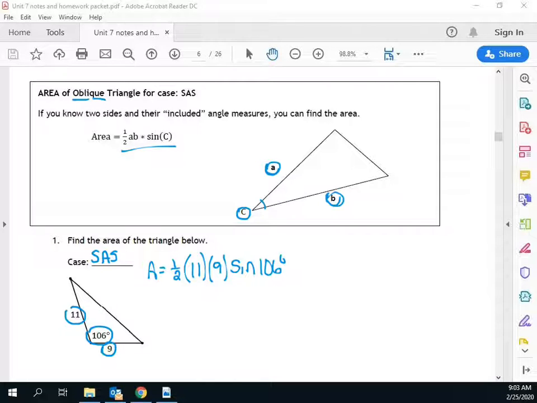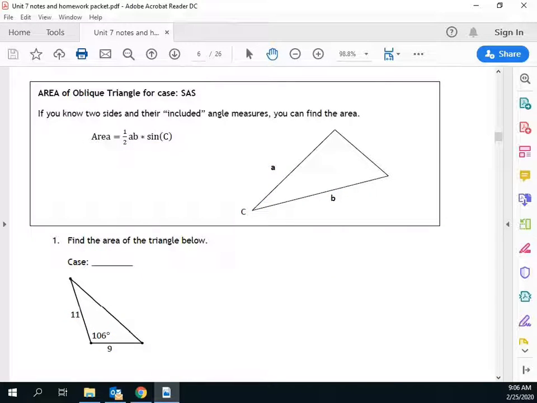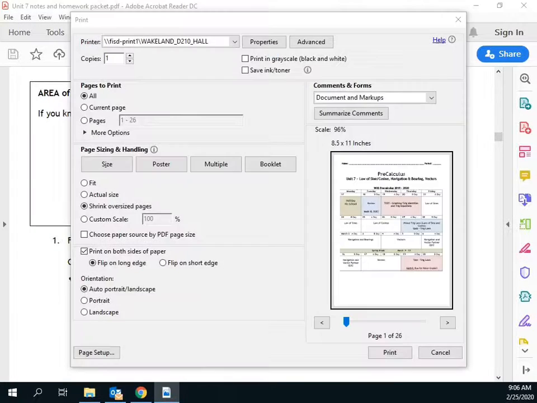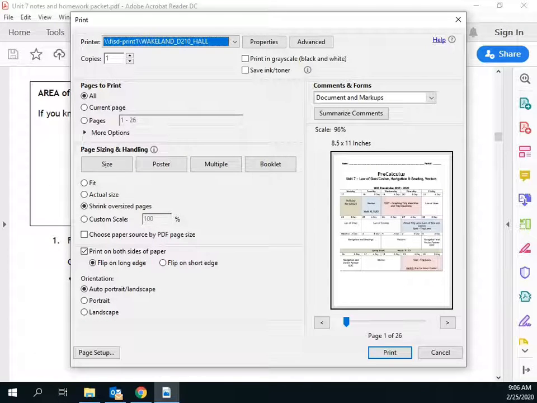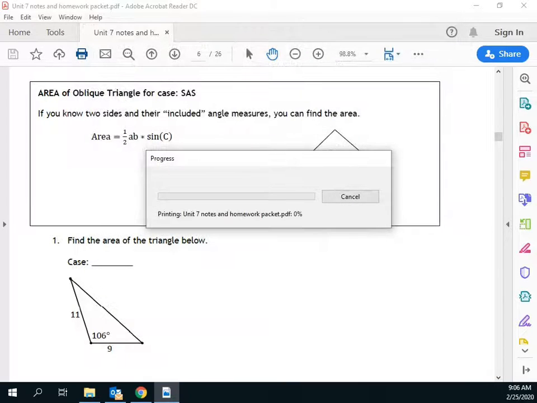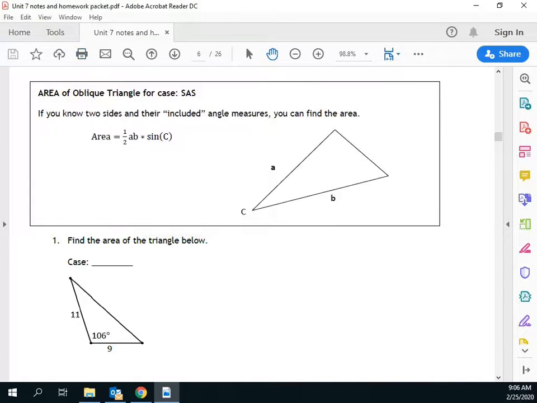Let me print one out. All right, give it a few minutes, Tanner, and I'll get it out to you, okay, Ben? All right. I'll get it out to you, Tanner.